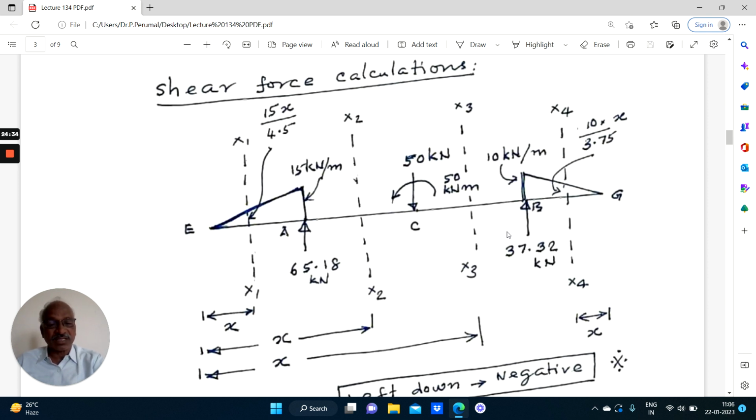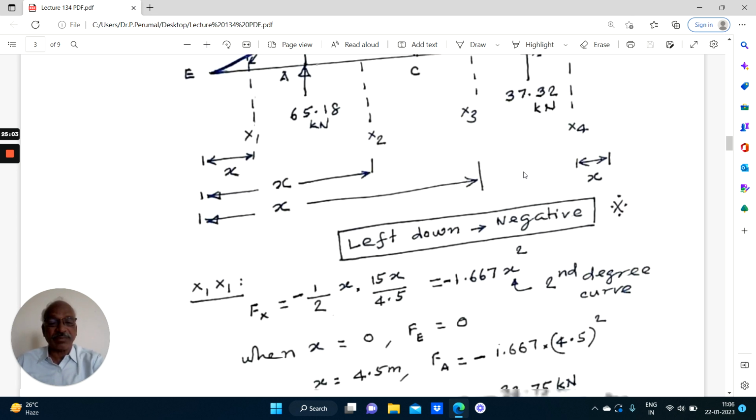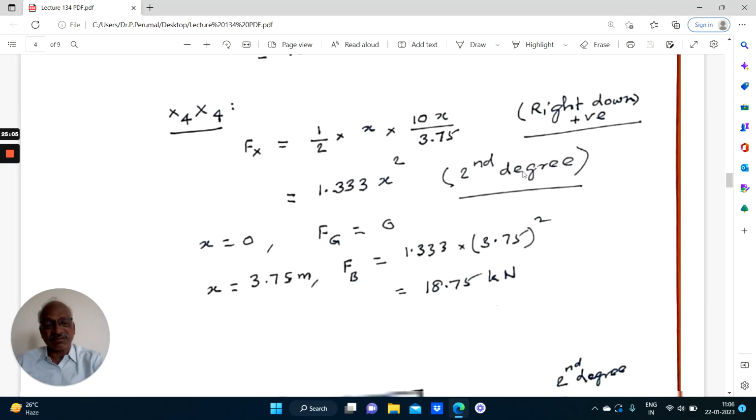Therefore, 37.32 into x minus 3.75, minus half into 3.75 into 10 into x minus 2/3 of 3.75, because the center of gravity of this load will be at 2/3 of 3.75 from the free end, or 1/3 of the distance from the point B. So this equation is given here.